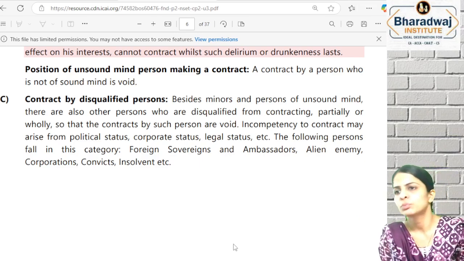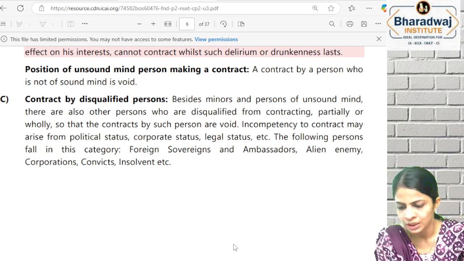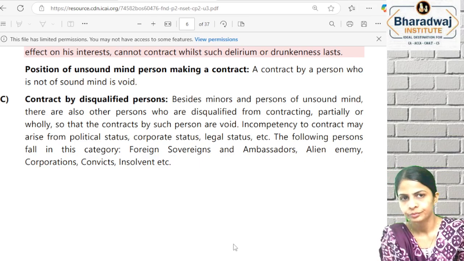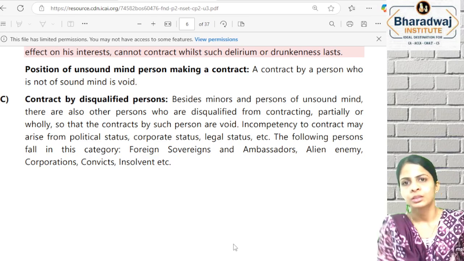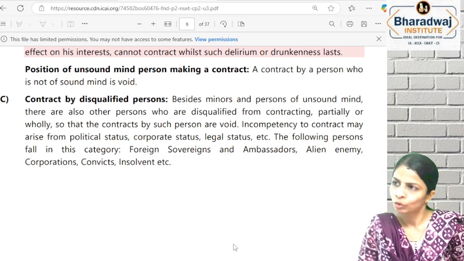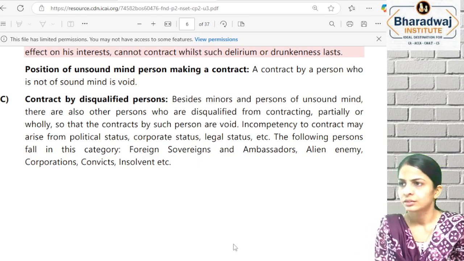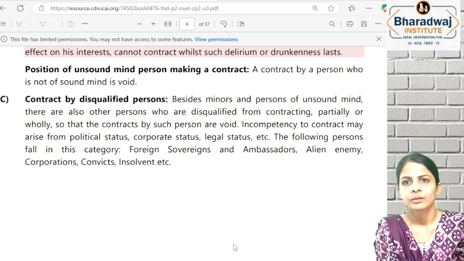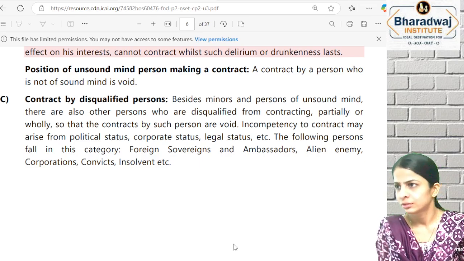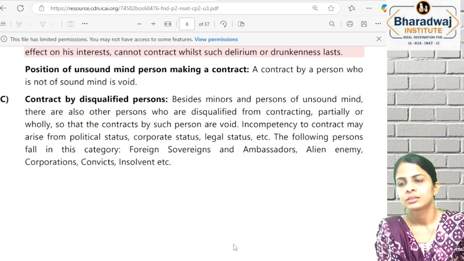Insolvent. An insolvent person cannot enter into a contract. Convict. Who is a convict? Tell, you know it. Try. Convict, an English word. You have been convicted. Found guilty.